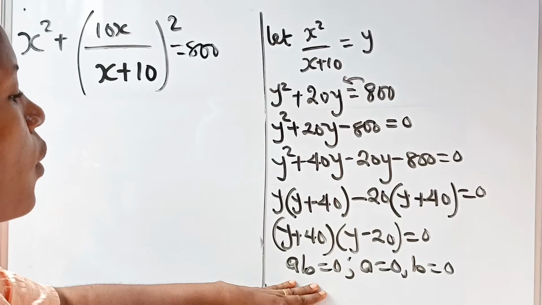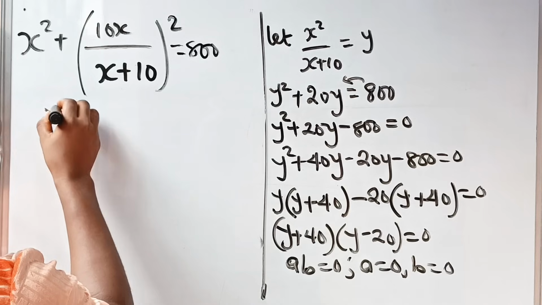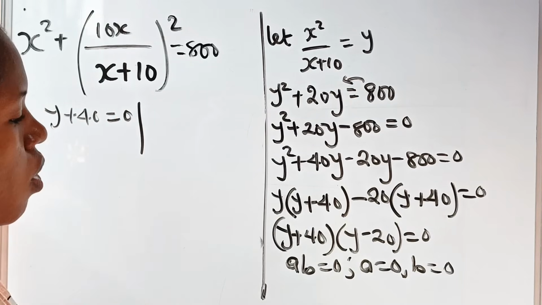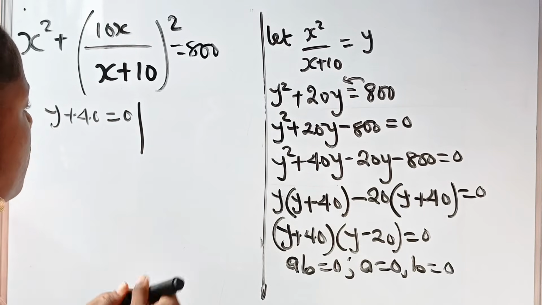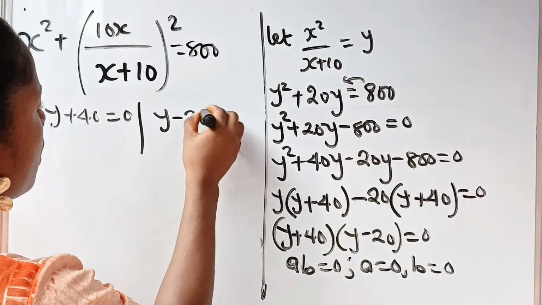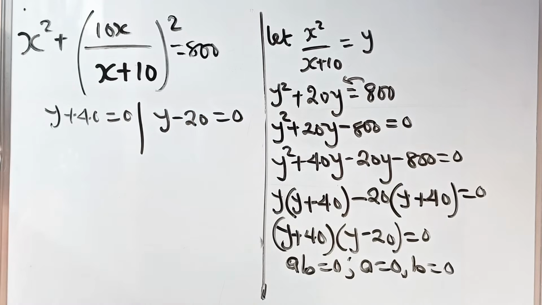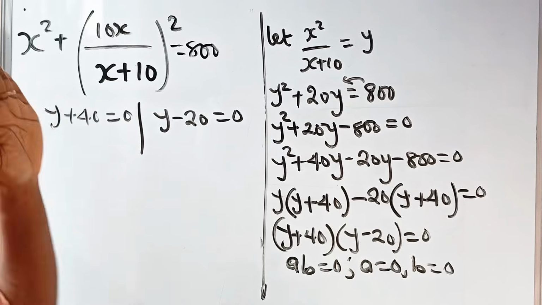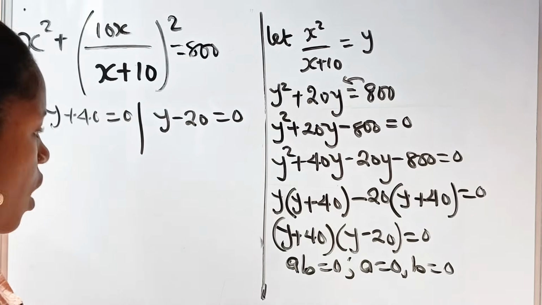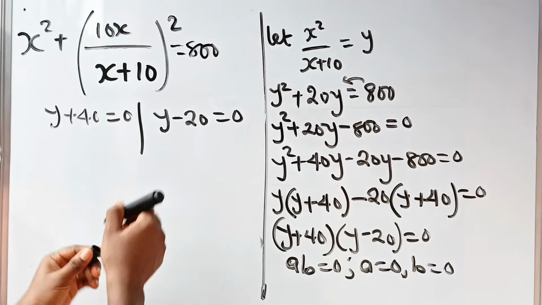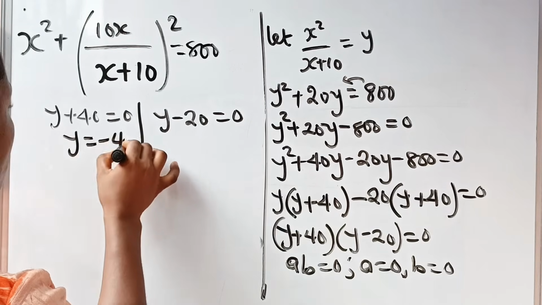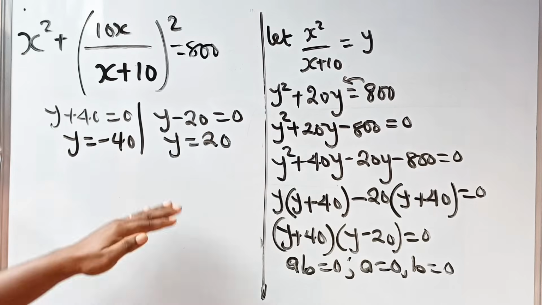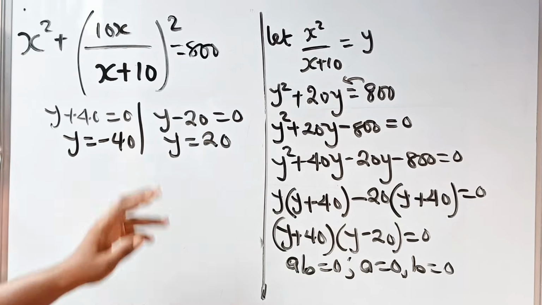All right. Now, so that means that y plus 40 is equal to 0, or y minus 20 is equal to 0. Now, remember that we are not looking for the value of y, rather we are looking for the value of x. So, stay tuned. All right. So, from here, we say that y is equal to minus 40, and from here, y is equal to 20. So, we are going to solve for both of them.